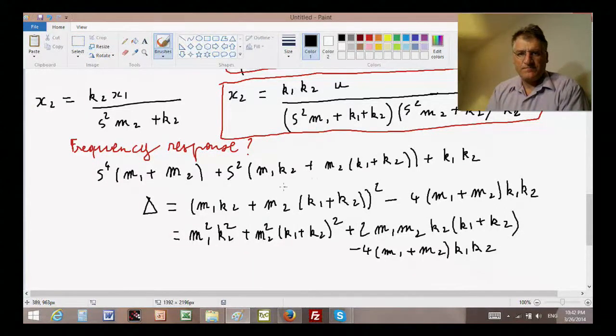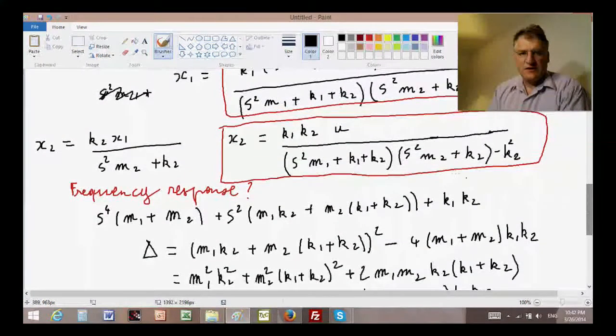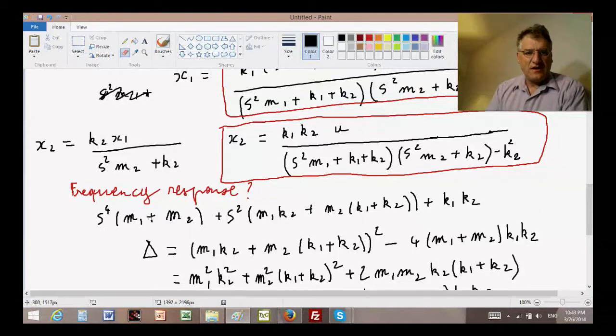Let's see. The error I made comes from computing the fourth power of s, and the coefficient in front of it. It is not m1 plus m2. Instead, it is m1 times m2.